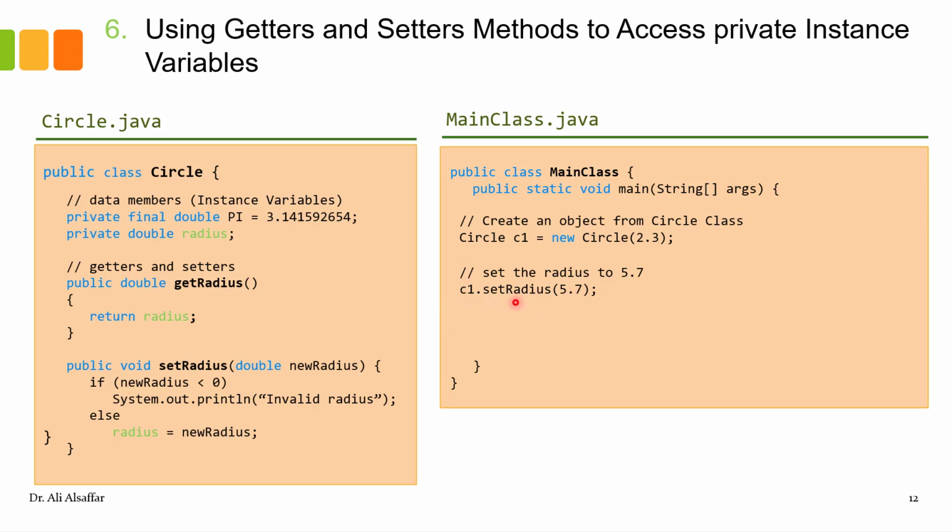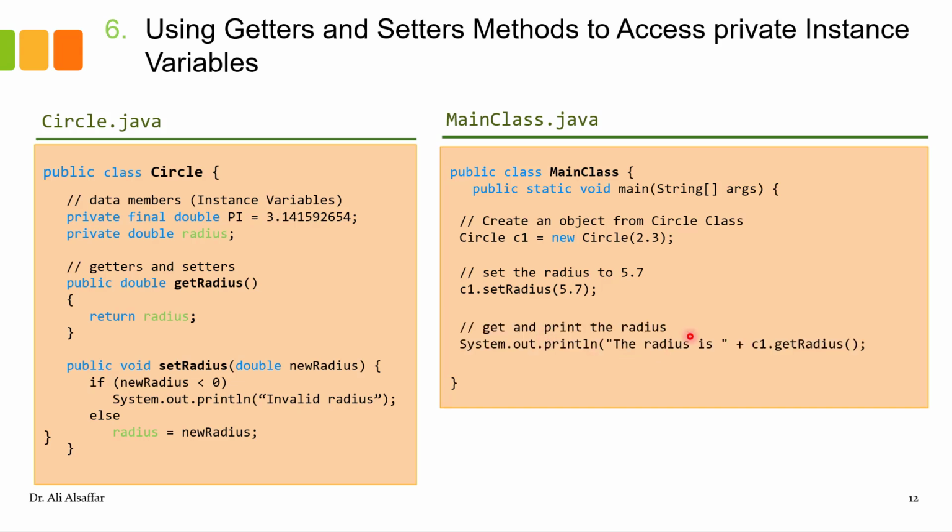But we have a method that is responsible for this. Simply give it 5.7, and this 5.7 will go into newRadius, and the method will test it. Since it is not negative, it will copy it into radius, so it will change radius from 2.3 into 5.7, and this is writing into the variable.